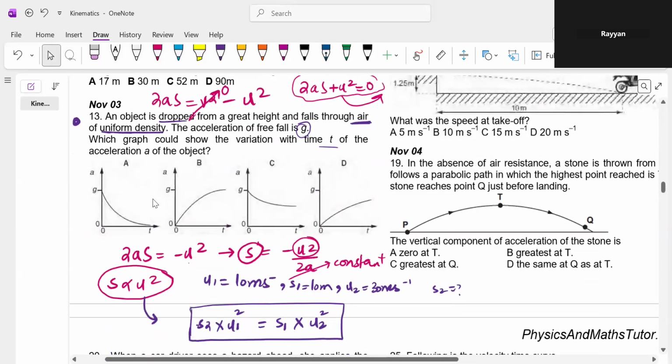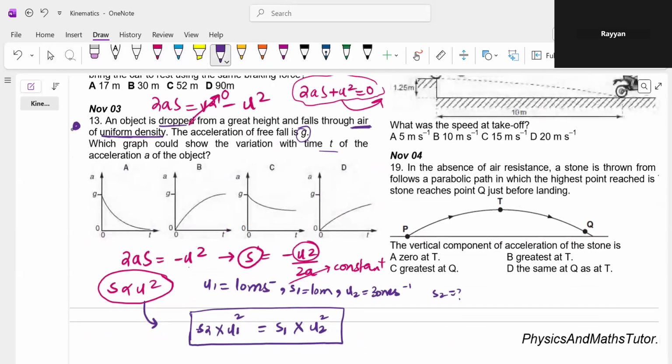Now which graph will be there? Which one will be the correct option? I think option B. No. It can't be C, right?